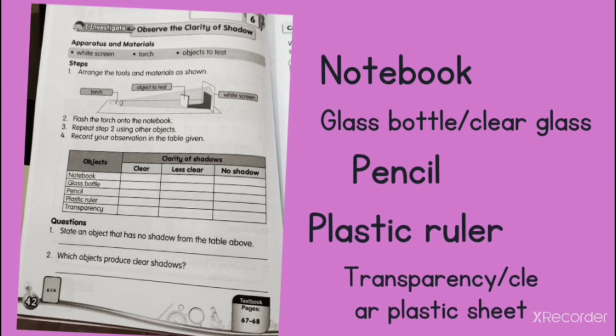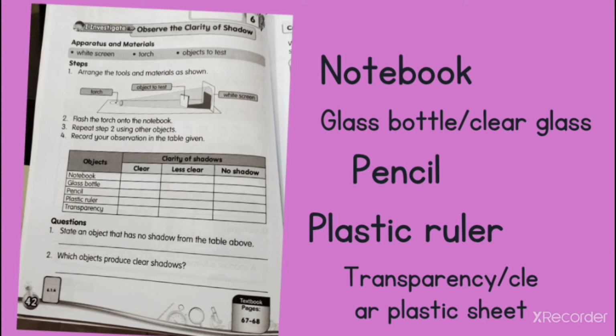Alright, this is the investigation that you need to do at home. You must do this investigation. You make a video or you can snap a photo and send to me. Let's look at the apparatus and materials first. What you need: a white screen, or you can replace it with your wall, dinding, a torchlight, and objects to test.